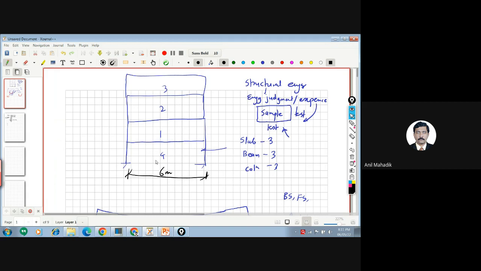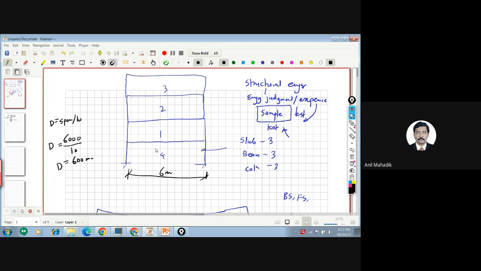Whenever there is a 6 meter span, generally we take span upon 10, L by 10, and 6 meters means 6,000 mm. So the depth of beam, I will assume 6,000 divided by 10, roughly 600 mm. So I will start with this first.